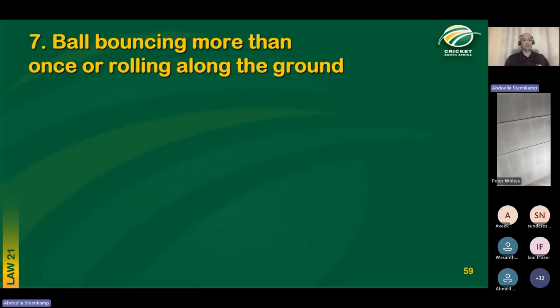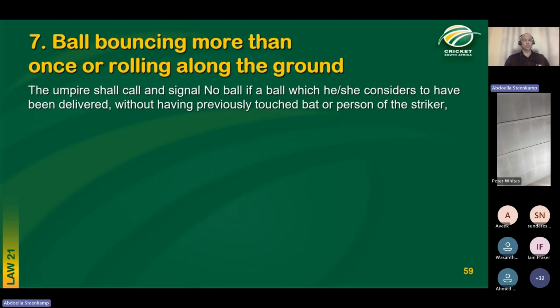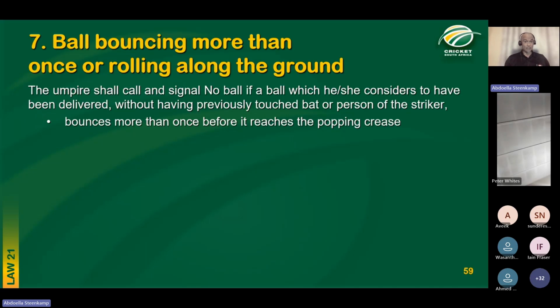What happens if a ball bounces more than once or it rolls along the ground? Umpire needs to call and signal no ball, if the umpire believes that the ball bounced more than once before reaching the popping crease.